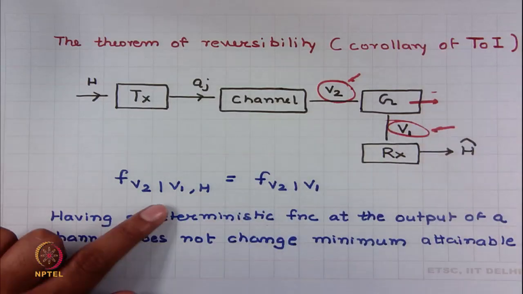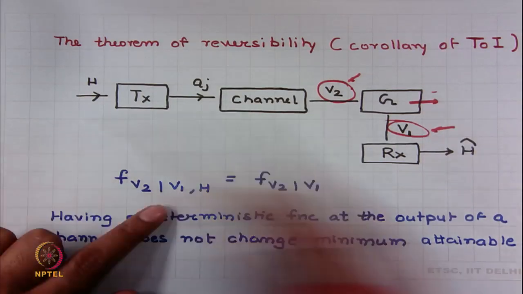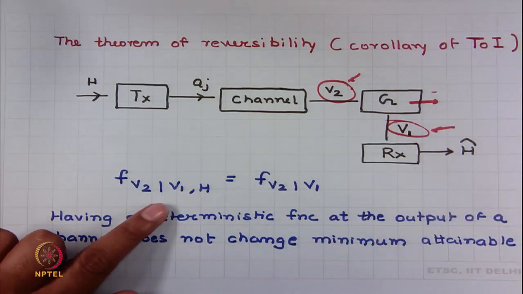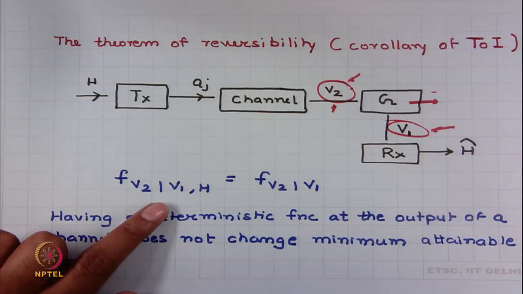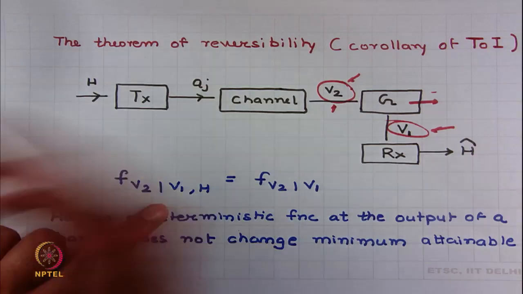So, sometimes you might be given a very complicated deterministic function, and if you have to worry about the probability of error of this receiver, you can simply estimate the probability of error at this point and you will get the same probability of error. So, that is clear from this theorem of reversibility.